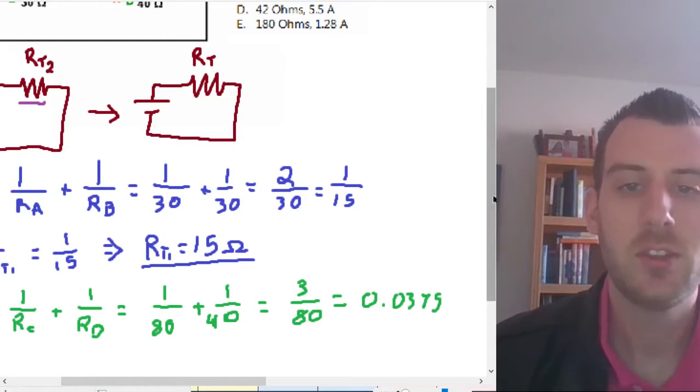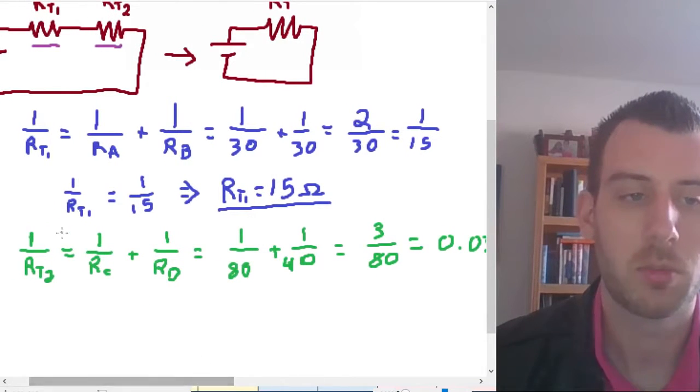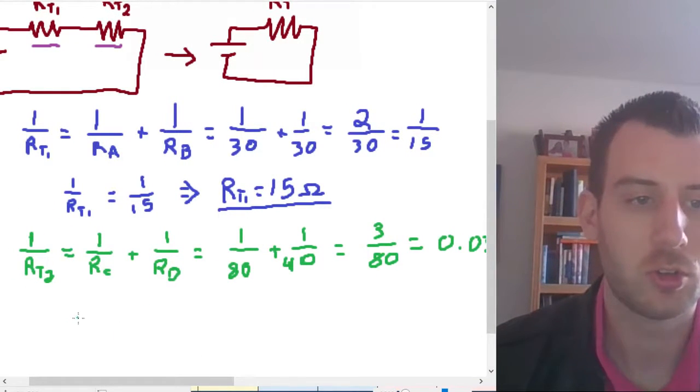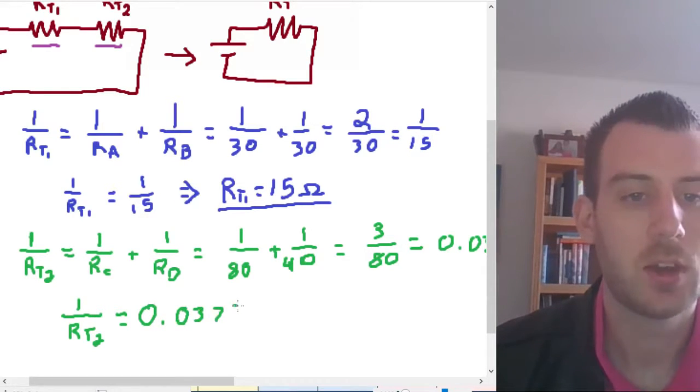0.0375. Now this is not our resistor 2, right? We have to remember back to the original part of the equation. This is 1 over resistor 2. So 1 over resistor total 2 is equal to 0.0375.